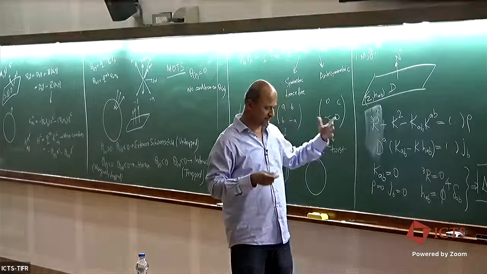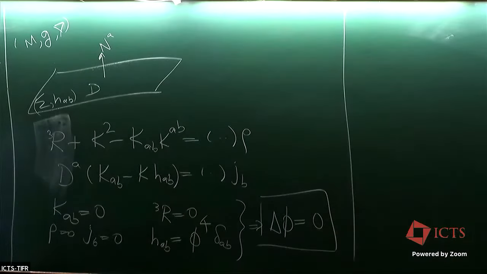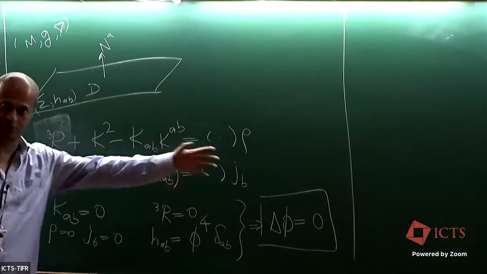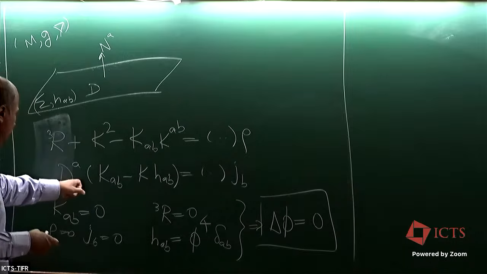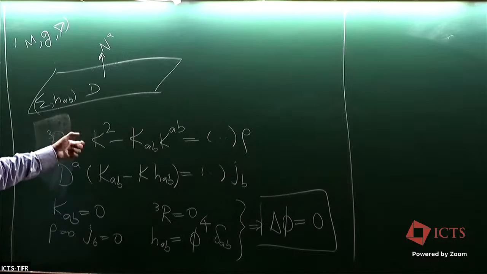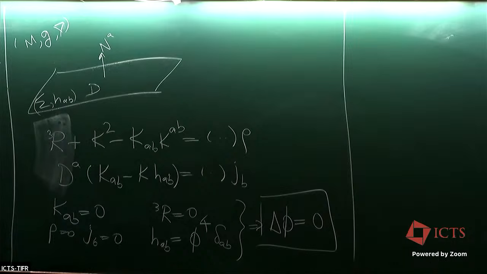It turns out, it was done by York, that you can in fact solve this equation and get a solution with some nice conditions of angular momentum and linear momentum. So that gives you k. You plug that into here and you solve then for the 3 metric from the other equation. So I won't discuss that. This is not the purpose of this lecture, but that is generally how you do it.